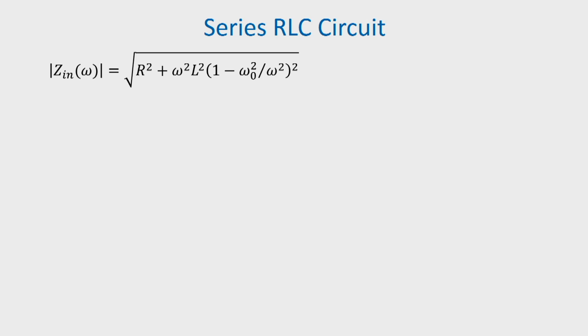We can write the magnitude of Zin as a function of omega as under root R square plus omega square L square into 1 minus omega naught square by omega square, whole square.